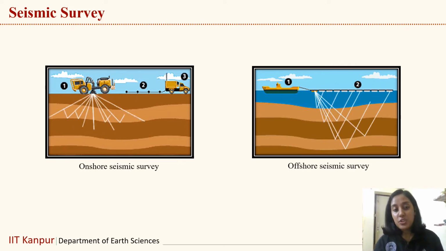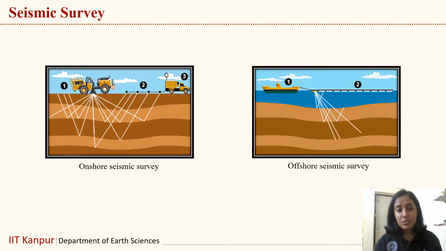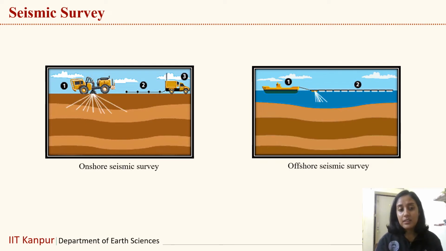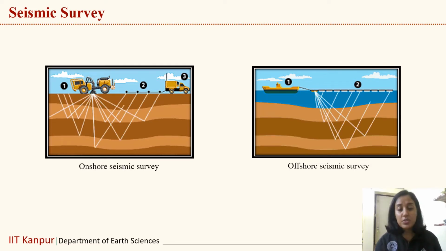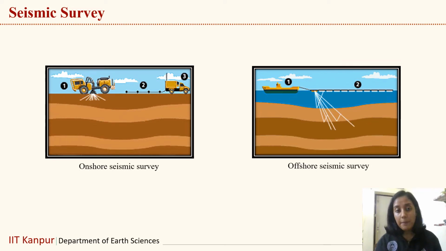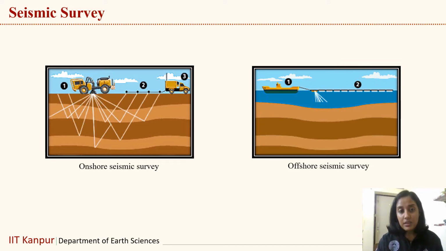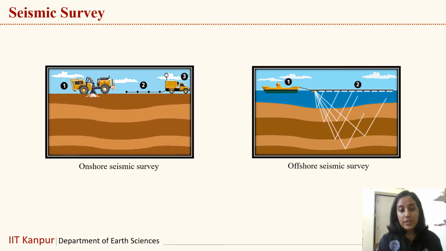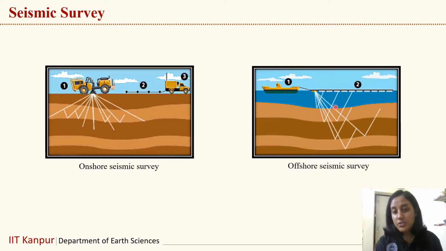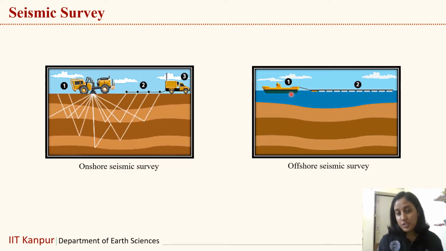Another major difference is that for onshore surveys, we use geophones to receive the seismic wave response, and for offshore surveys we use hydrophones attached to the streamer so that they can move along with the boat or ship.